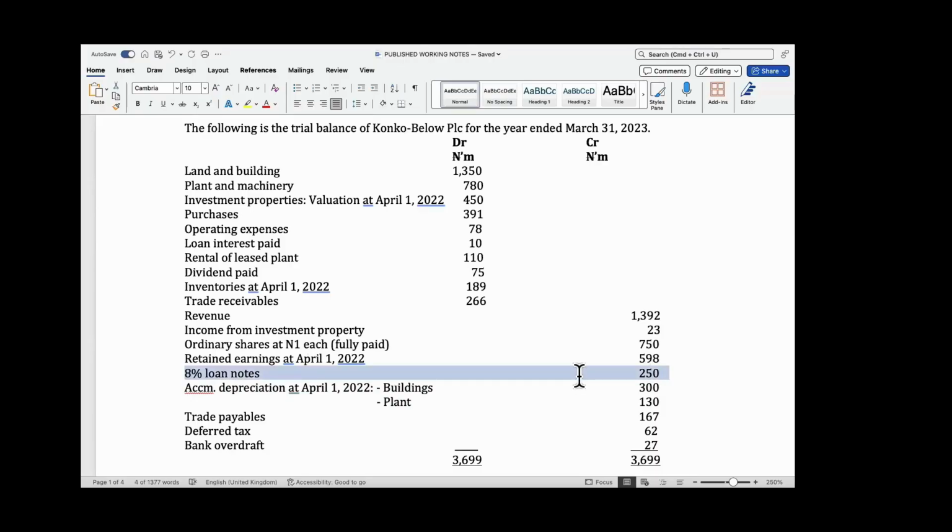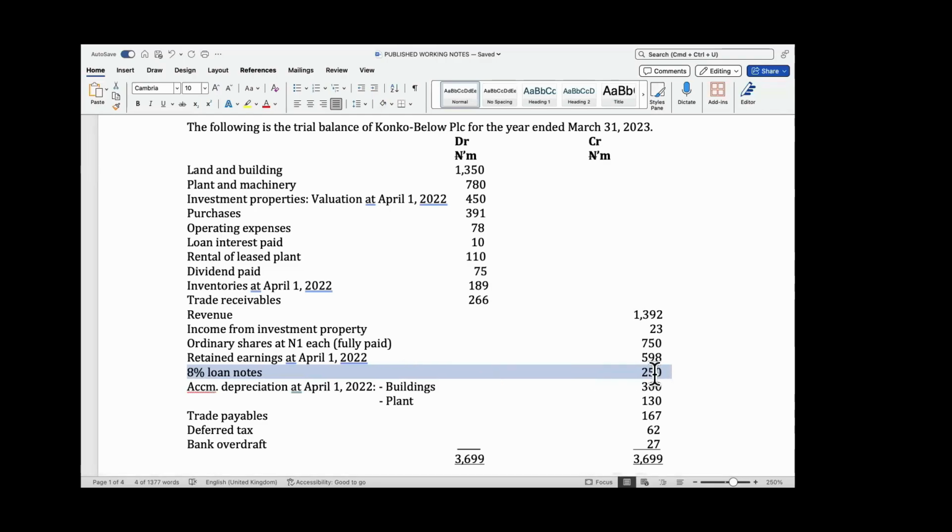I don't understand. Lukman, talk now. I thought it is the Conco below that issued it. Yeah, it was the one that issued it. It's on credit, it's a liability, it's a financial liability. That's why it's the one paying interest. They didn't purchase it, he issued.